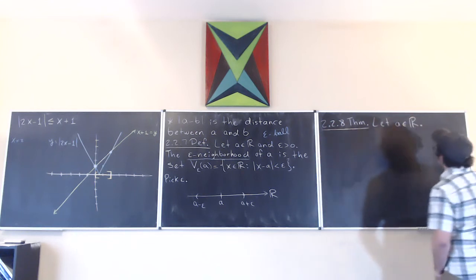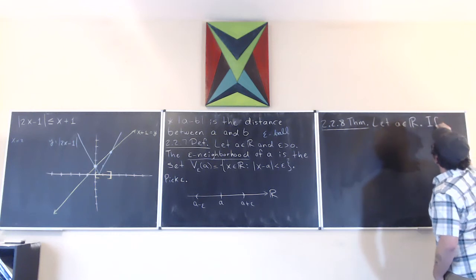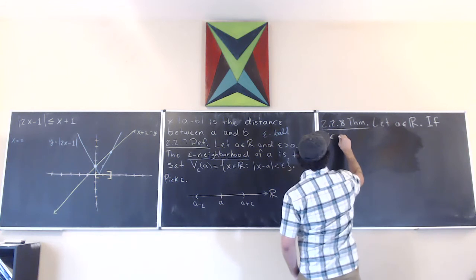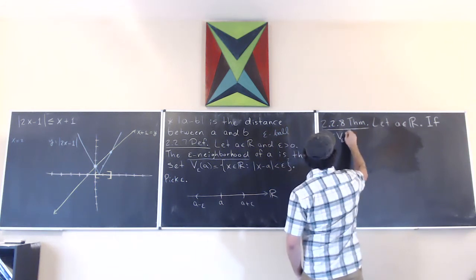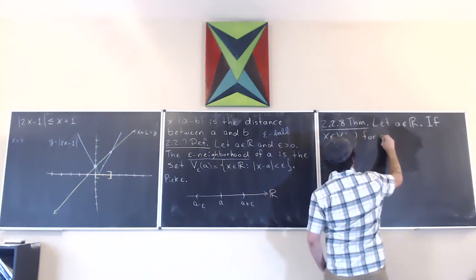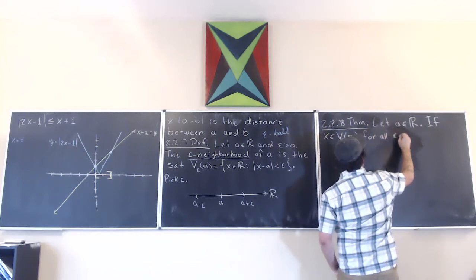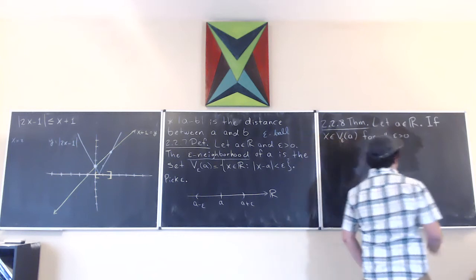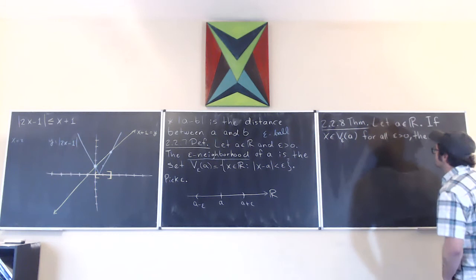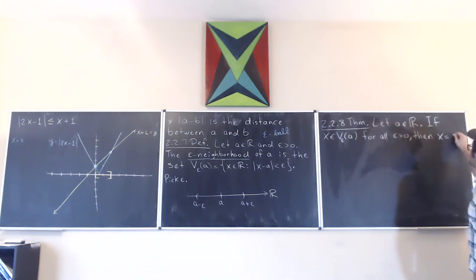So if x is in the epsilon neighborhood of A for all epsilon greater than 0, then x is equal to A.